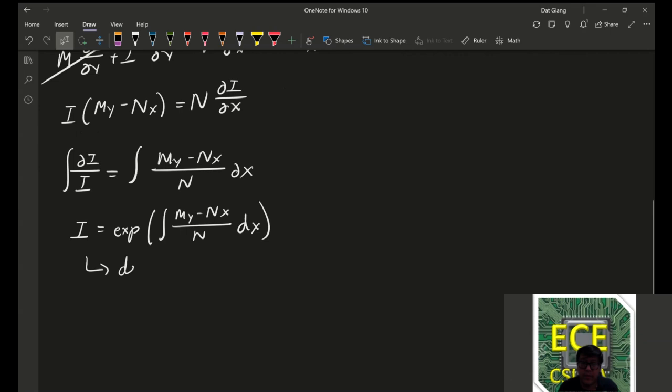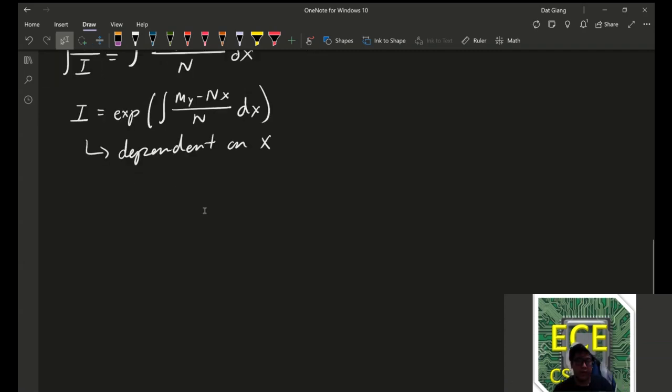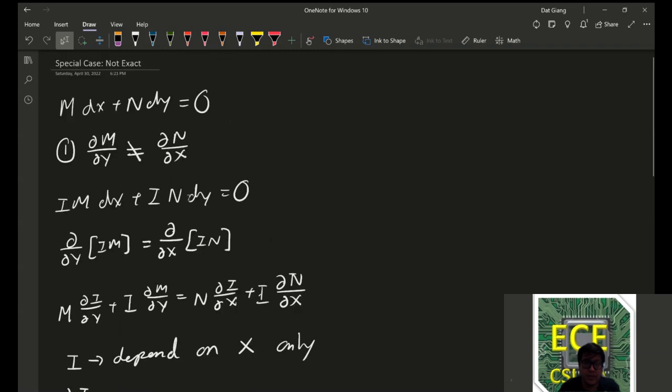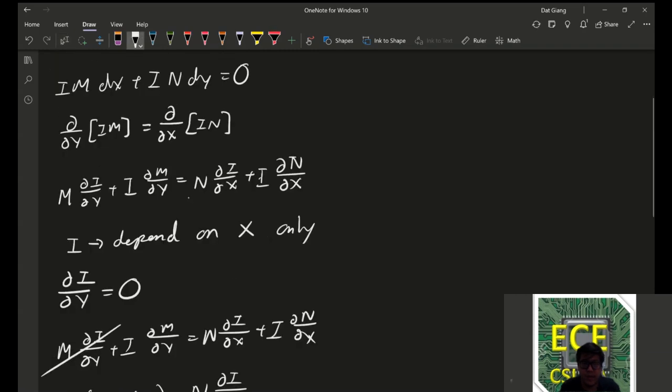This one is only dependent on x. So if we have the situation where we get some kind of y term inside there, then we have a problem. So that was case 1.